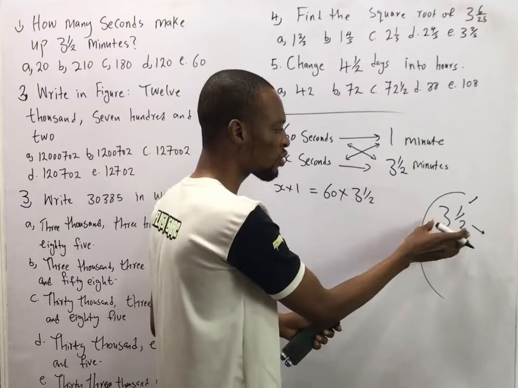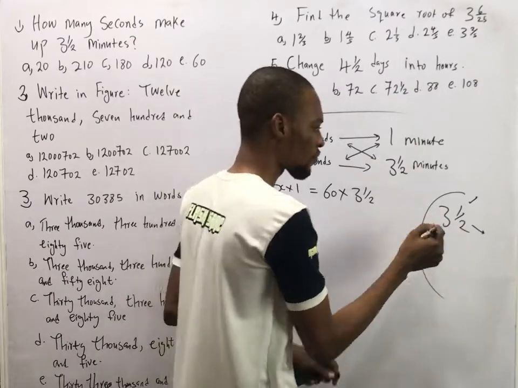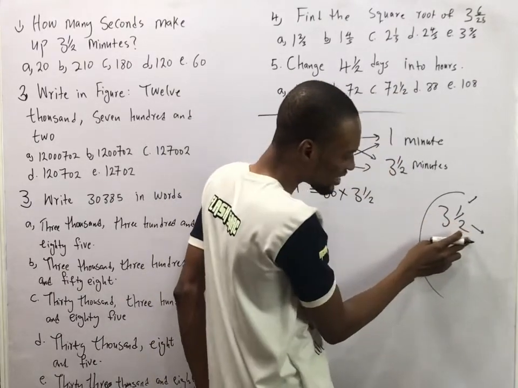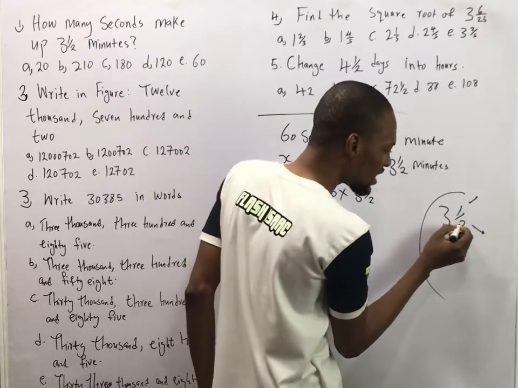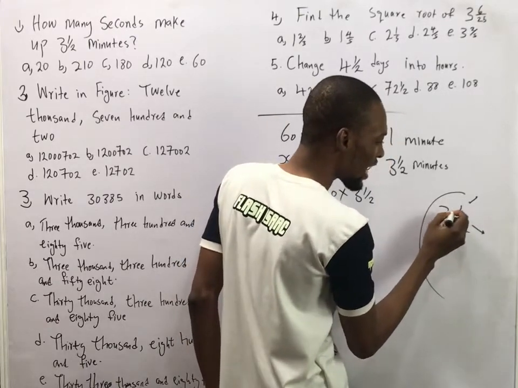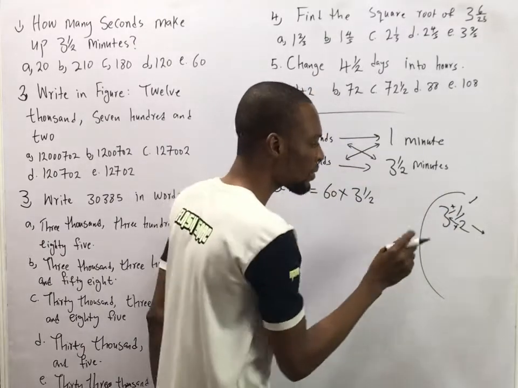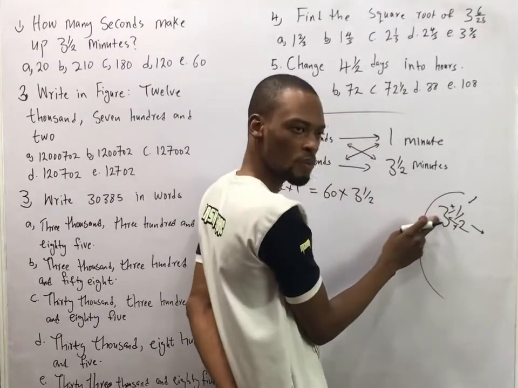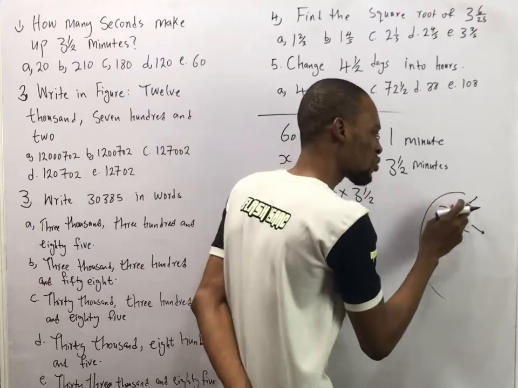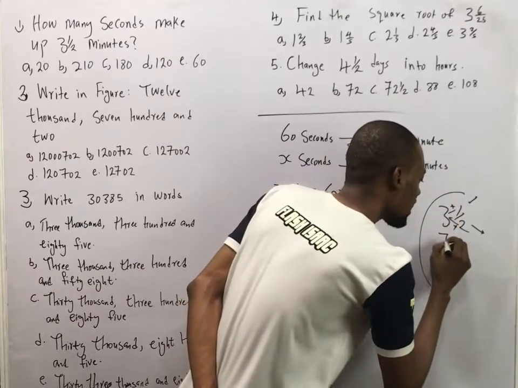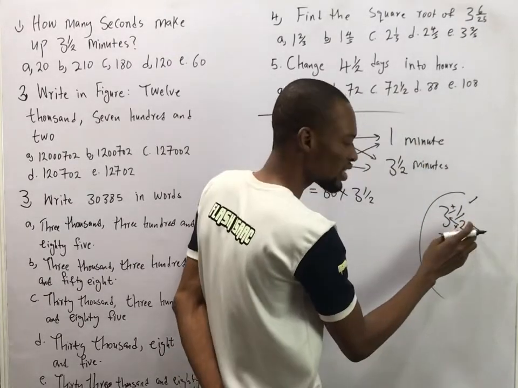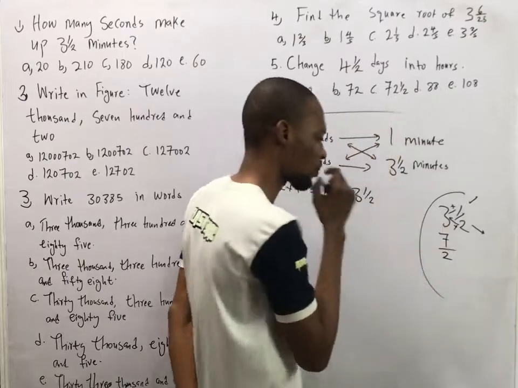So to convert this to an improper fraction, we multiply this by this, and then we add this. So times and plus. We say 3 times 2, 6, plus 1, 7. You write 7 over the denominator, which is 2.